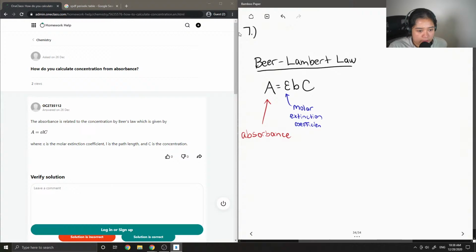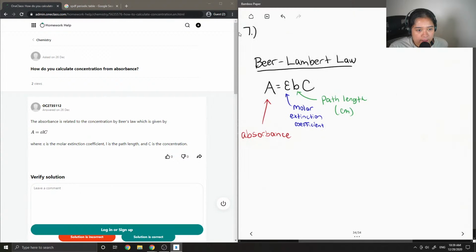So this will usually be given in a question, or you need to solve for it if you're given all the other variables. And b is the path length, which is usually given in centimeters.